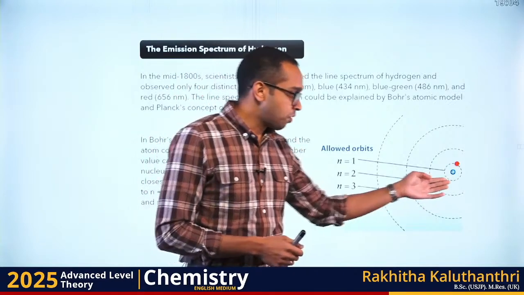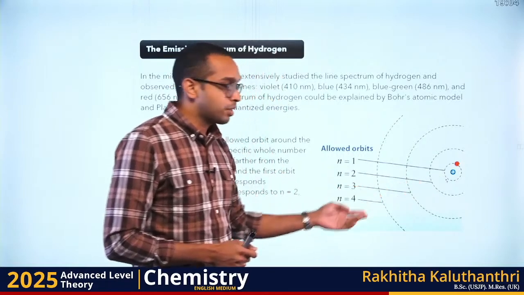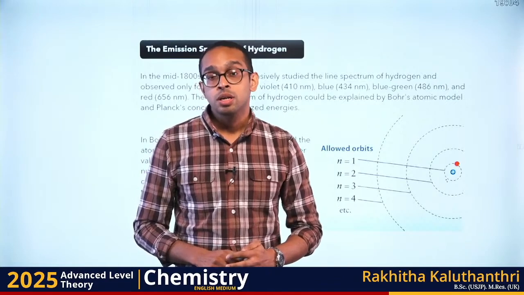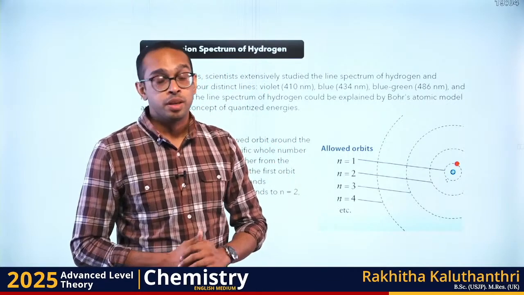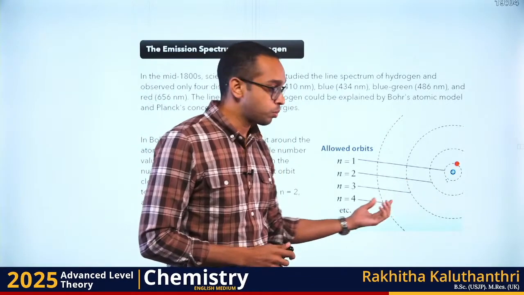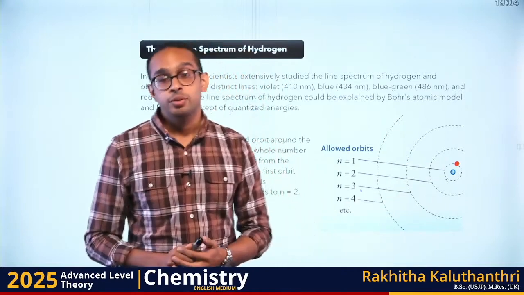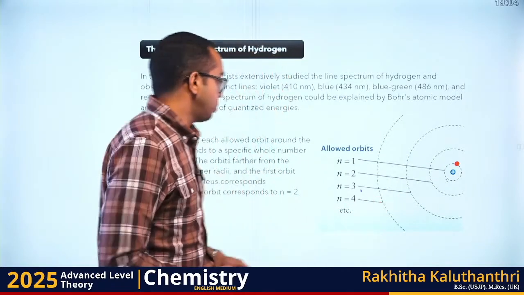And as you move away from the nucleus, the energy levels that are further away usually house electrons that are higher in energy and have a lower attraction to the nucleus, right? So that is something that you need to keep in mind.